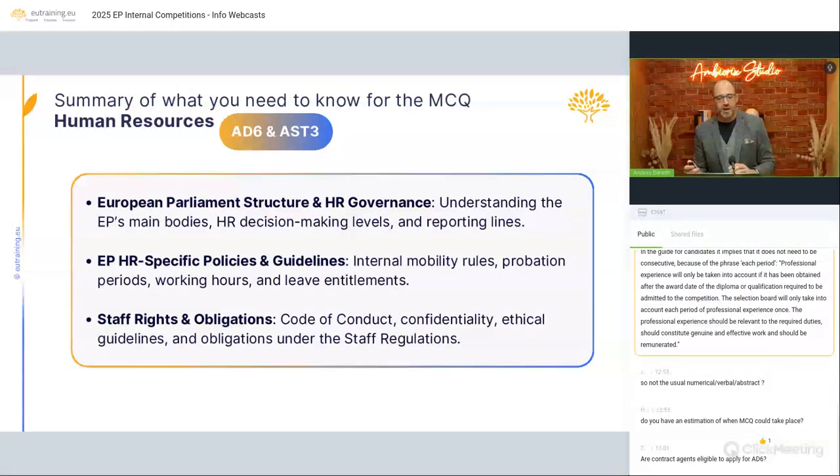Where it's certainly different, of course, well, this is just a recap to say what are the commonalities in both fields, and when it comes to HR and decision making, and who's involved on a governance level on certain aspects, or staff rights and obligations, and code of conduct, and confidentiality, and all the other related fields.